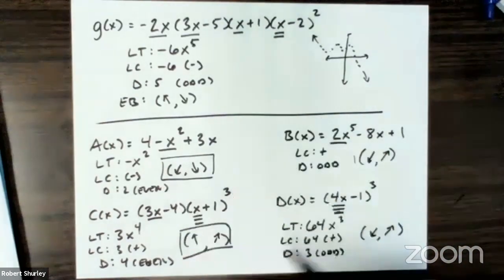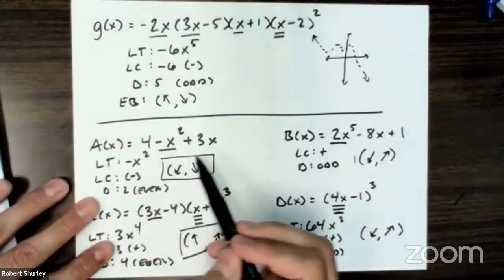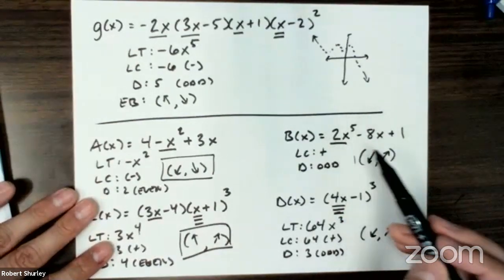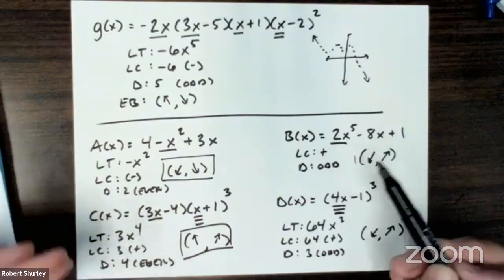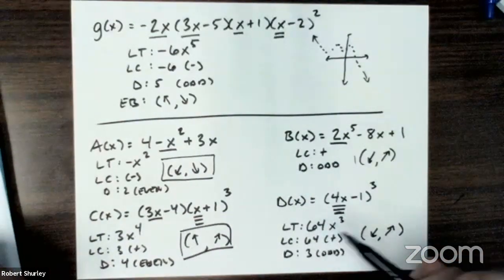But realize we need to have this in the back of our minds. Once we start graphing, we know how to graph quadratics, but we're going to start graphing things with 5th degree, 4th degree, 3rd degree. To graph those, we have to know the end behavior of the function, okay?